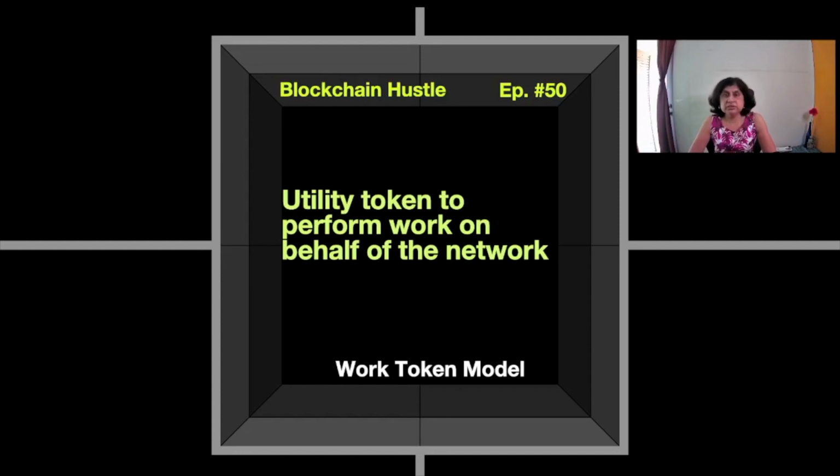But you have other methodologies and mechanisms, and one of them is called the BME, which is the burn and mint equilibrium. So we're going to discuss that in the next episode, and in the subsequent episodes we would cover the few mechanisms that I have listed earlier in this episode.